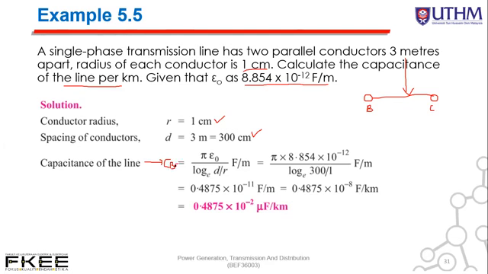Distance is 300 and R is the radius 1. So we got the capacitance of the line CBC, for example, is 0.4875 times 10 to the power of minus 2 microfarad per kilometer.